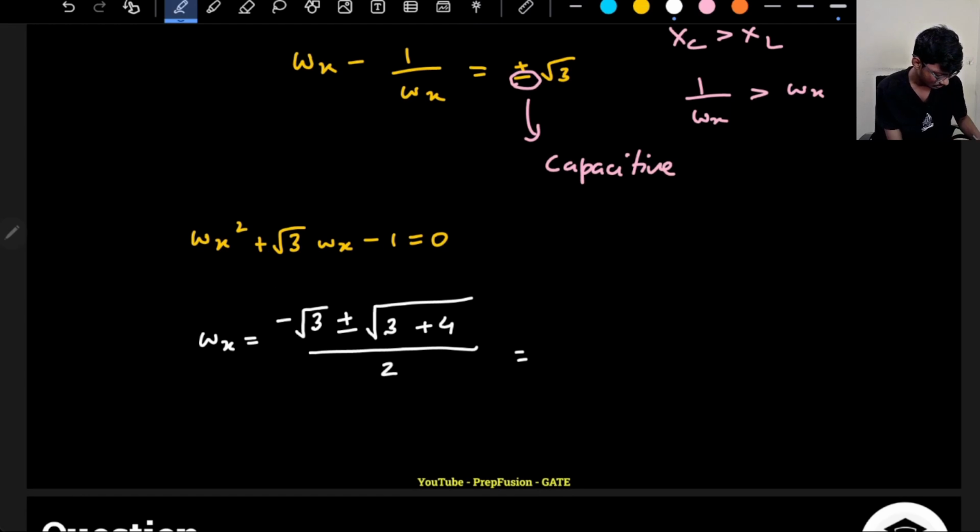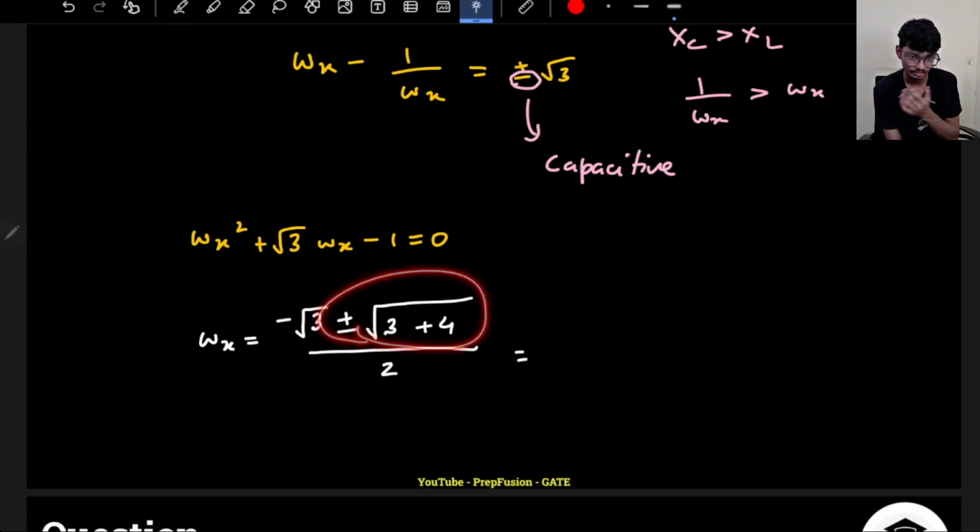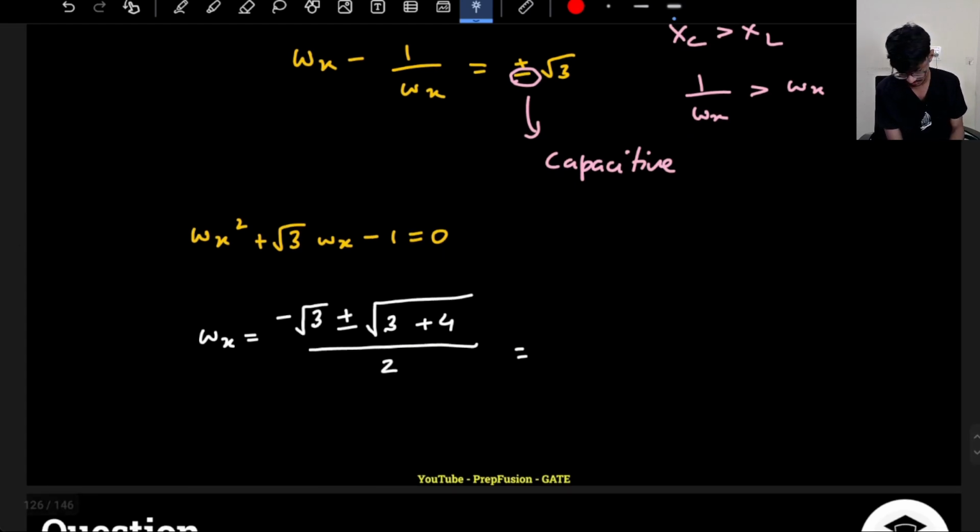So root 3, then of course I cannot choose negative, because if I choose this as negative, then I will get a negative frequency, which is not possible. I will choose the positive value. So plus root 7 divided by 2, so it is 0.45457 radian per second.